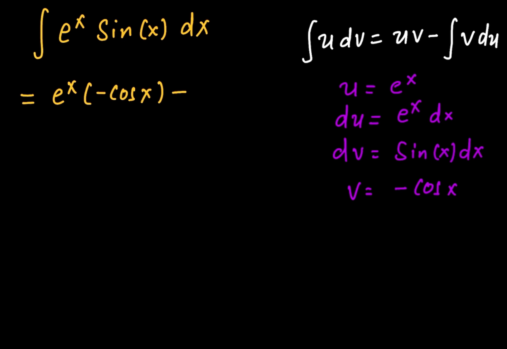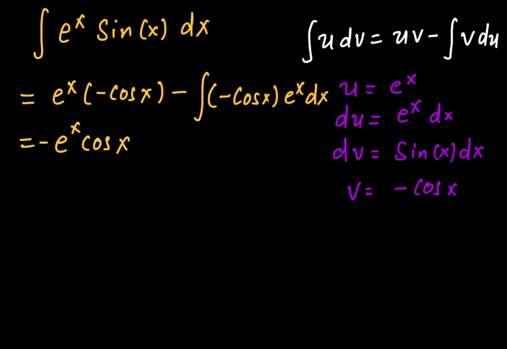We will have a minus sign because of this, and the integral multiplied by minus cos x into e to the power x dx. Now this minus and this minus will basically be plus. So these two will be multiplied, resulting in the plus. So this will be equal to minus e to the power x cos x. Minus and minus will be plus.